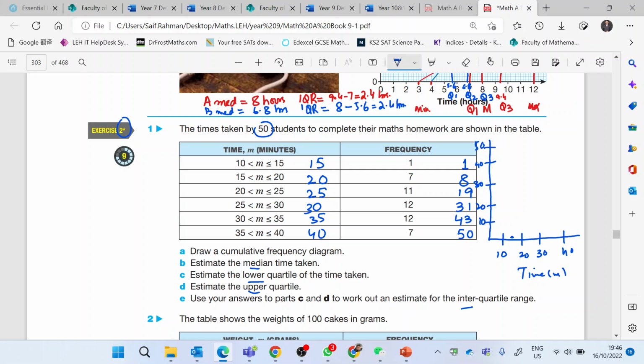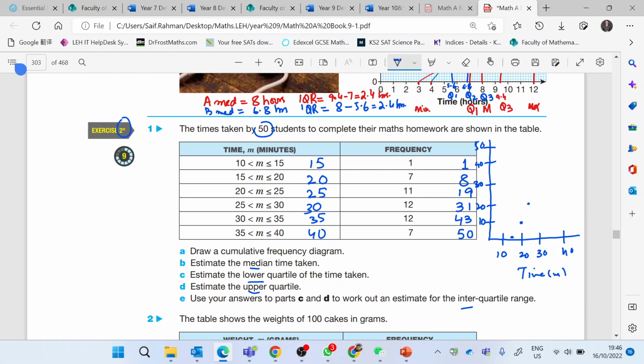When the time was 20, it was 8. In cumulative frequency we should not use this 7, rather we should use this 8. So when the time was 25, it was at 19, so 25 should be at the middle, and it was at 19.